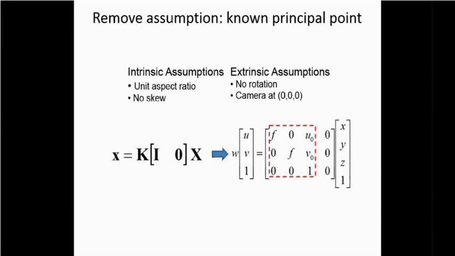And even if you haven't cropped an image, it's often not exactly in the center. It might be a little bit off, and so you might want to estimate it, although it's a difficult thing to estimate. So here we get the equation that we had before, where we have u equals f x over z plus u naught.